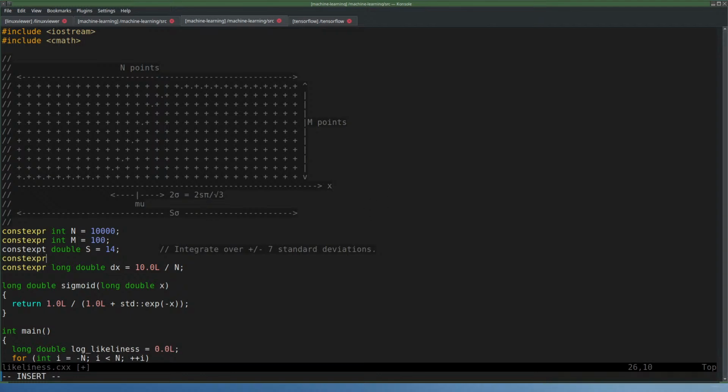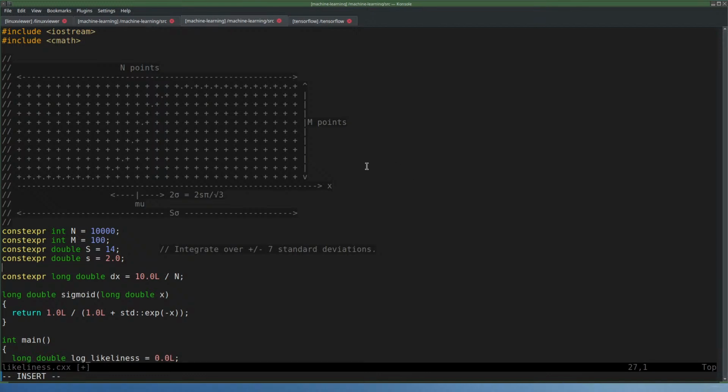So const expression double S. I could pick 1, but you want to see the influence. So let's say 2 for now. Which means that the standard deviation equals S times pi divided by the square root of 3.